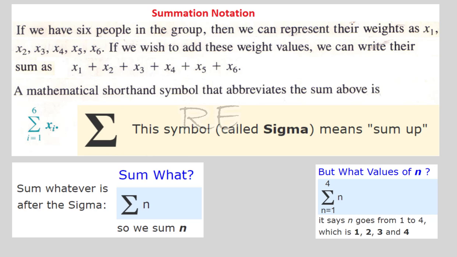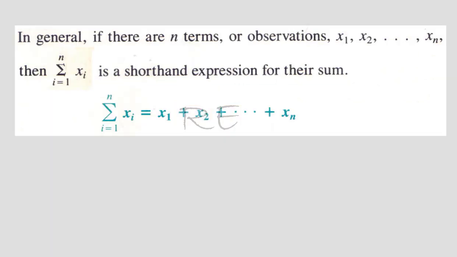In the next example, n goes from 1 to 4, which means that n will take the values of 1, 2, 3, and 4, and we have to add those values. Sigma x_i from 1 to n means to add x1 plus x2 plus up to xn. i varies from 1 to n using only integers.